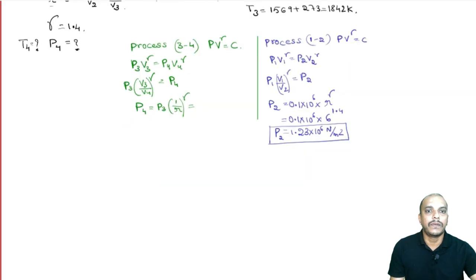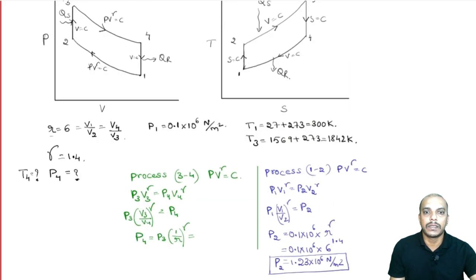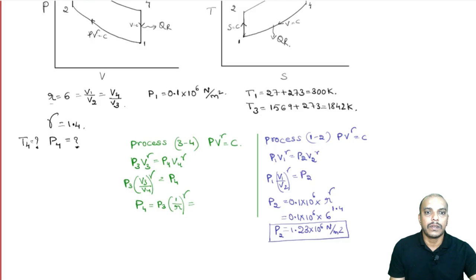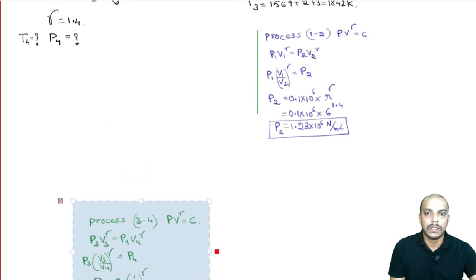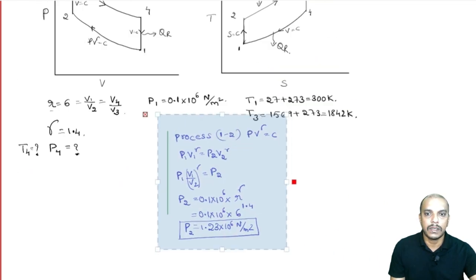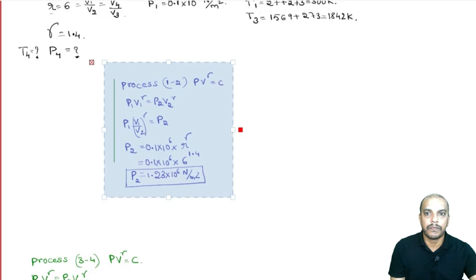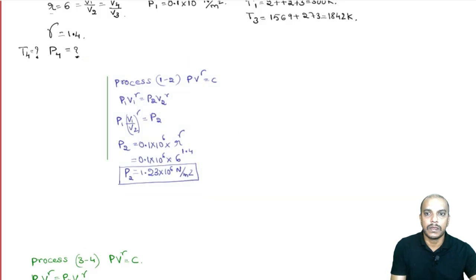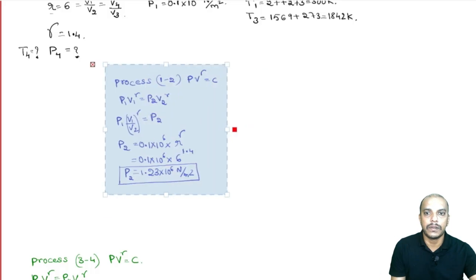Okay. Now, once we have the value of P2, let us go for T2 also. I will keep this for a later stage. So, this is what we should do first. Then we shall go for T2. Now, how do you find the value of T2?